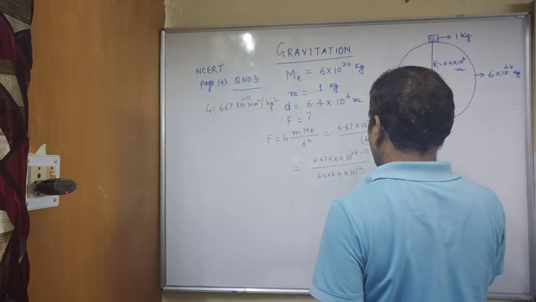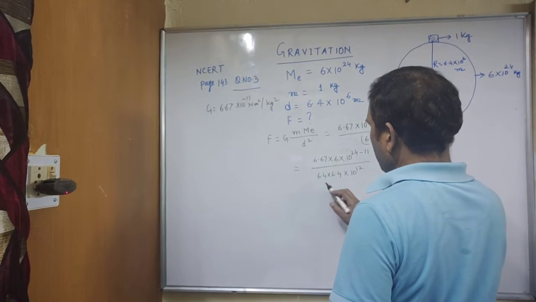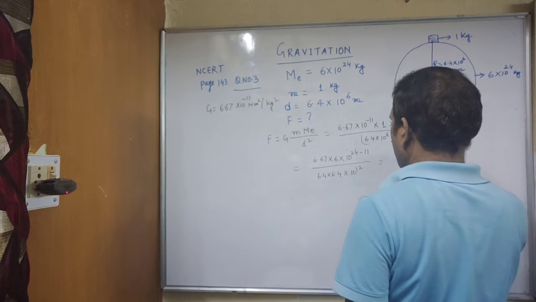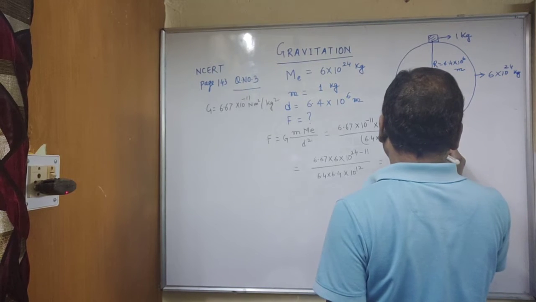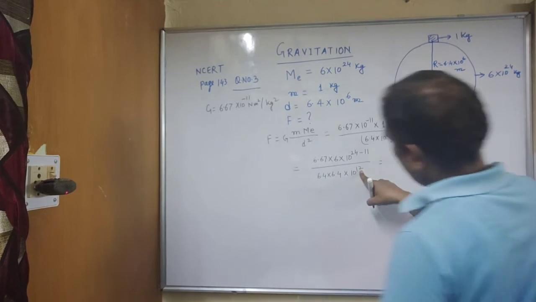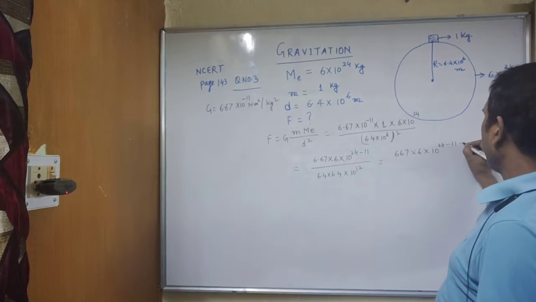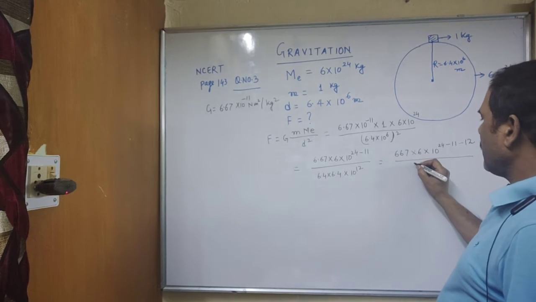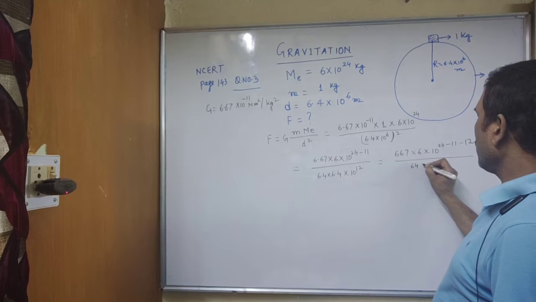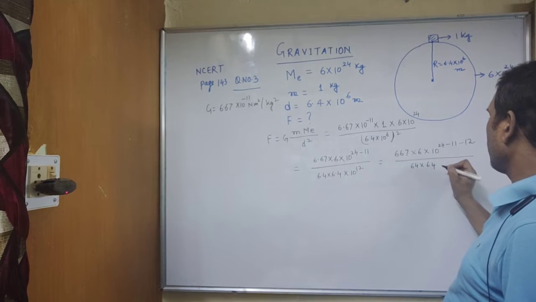667. After decimal we have 2 digits, here also we have 2 digits. So we are removing the decimal and it will be 10 to the power 24 minus 11. This 12 will go upwards, then it will be minus 12, and here we have 64 into 64.